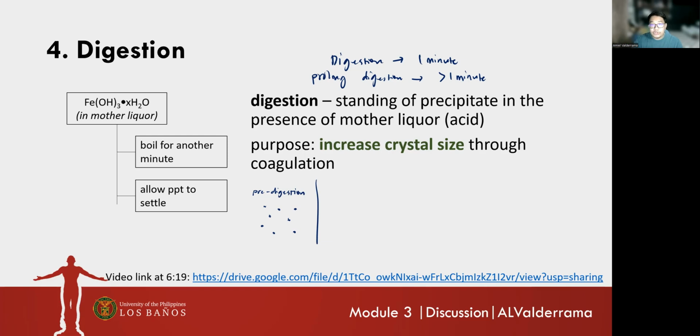During digestion, in a span of 1 minute, the smaller precipitate tends to clump together via coagulation. So this can become like this, as if they appear as a bigger precipitate.